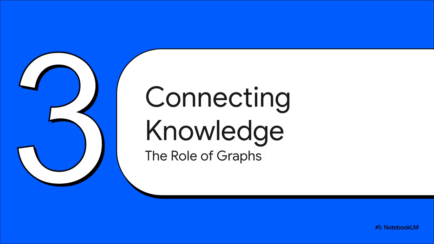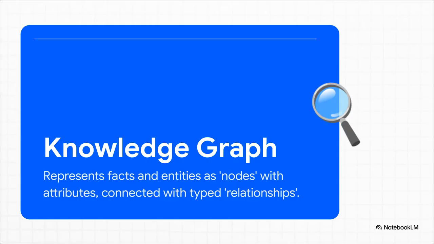The AI can't possibly see the bigger picture because we've only shown it a few disconnected puzzle pieces. And this is exactly where GraphRAG comes into the picture. To solve this, we need to stop thinking about just finding individual facts and start focusing on the connections between them. And for that, we use something called a knowledge graph. What is a knowledge graph? Honestly, the easiest way to think about it is like a digital brain. Every little piece of information, a person, a place, a company, is a node. But here's the magic.